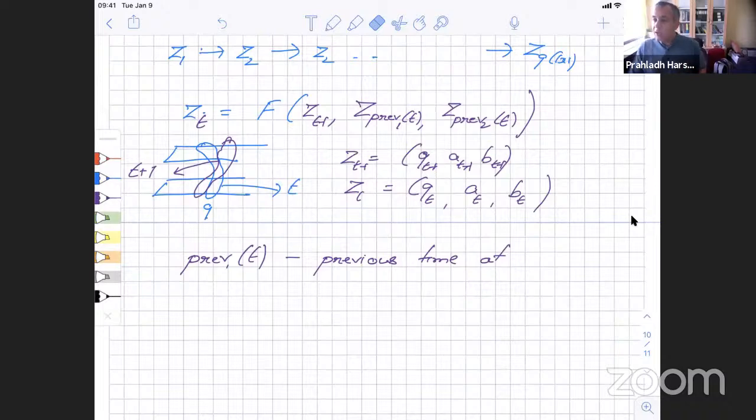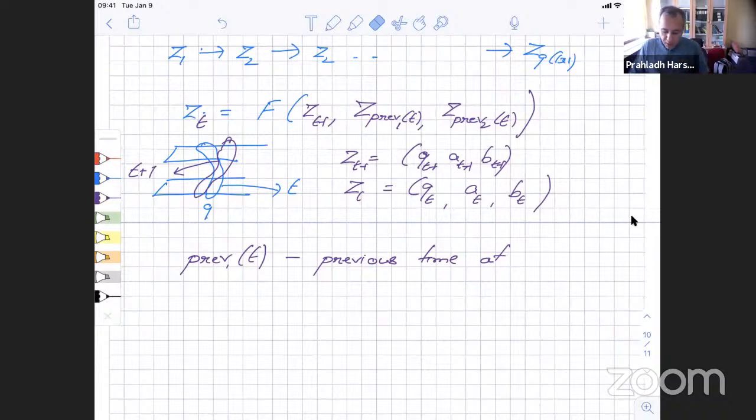To know what AT is, notice that ZT minus 1 does not have the information of what AT is. AT is what was there on the tape previously. AT you don't know. But now you use the fact that it's oblivious.